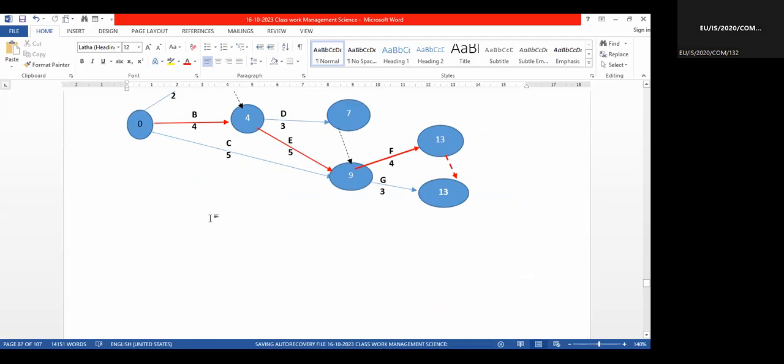Now, what is the cost? Can you find it and put it in the chat box quickly? Hello students, did you get the question? What is the total crash cost of this project?